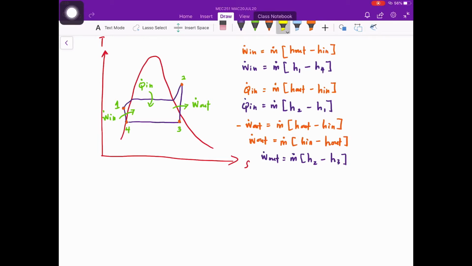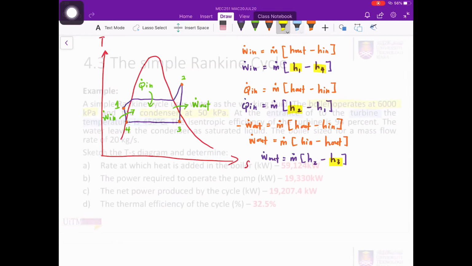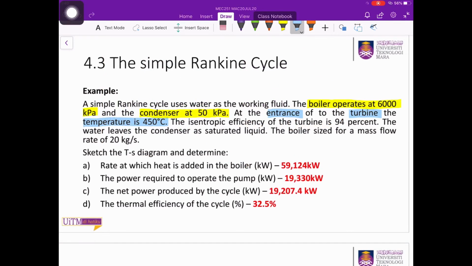In order for us to find the values for the power input, the heat transfer rate in, and also the power output, we need to find the values for the enthalpy for state 1, state 2, state 3, and also state 4. The information given to us from the question is the boiler operates at 6000 kilopascal and the condenser operates at 50 kilopascal.